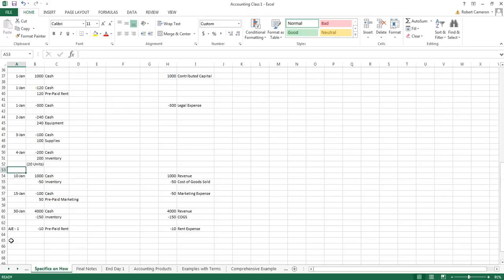So we have $240 worth of equipment. And again, we expense things as we use it. So the reality of it is this equipment is not going to last forever. It'll eventually go away. Eventually become either obsolete or no one will use it.